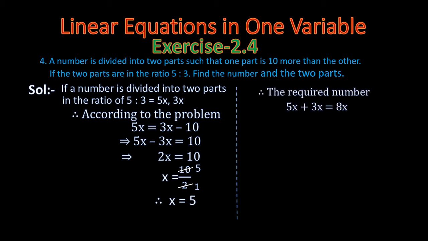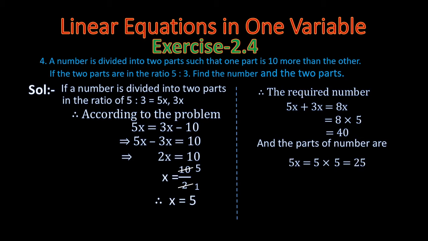The required number 5x plus 3x is equal to 8x. 8 into 5, that is equal to 40, and the parts of the number are 5x is equal to 5 fives are 25, 3x is equal to 3 fives are 15.